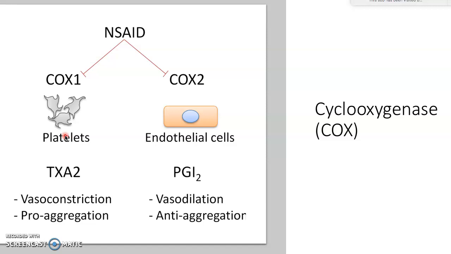So they're pretty much done as far as producing thromboxane A2 once a COX-1 inhibitor binds to it. So thromboxane A2, if the platelets produce it, causes vasoconstriction and aggregation of the platelets. So all this moves toward a blood clot.